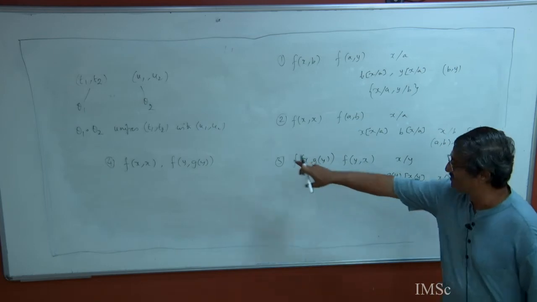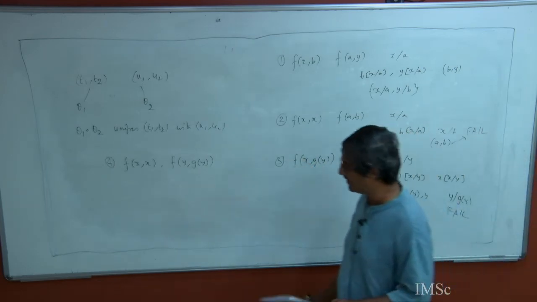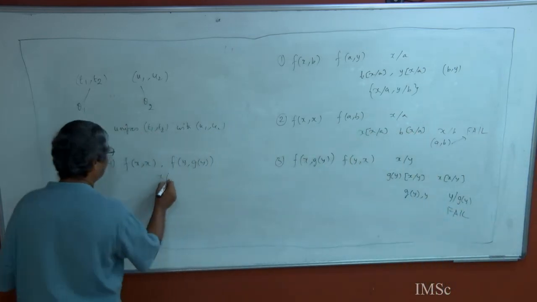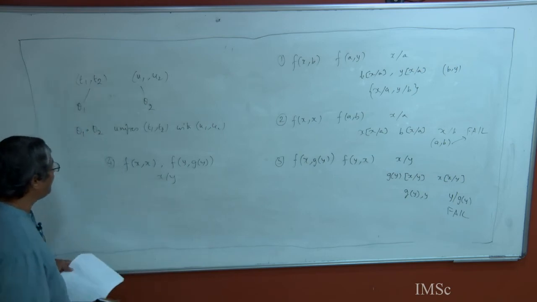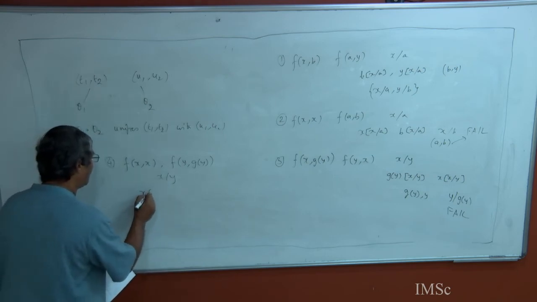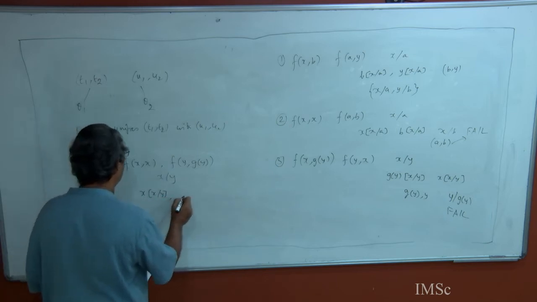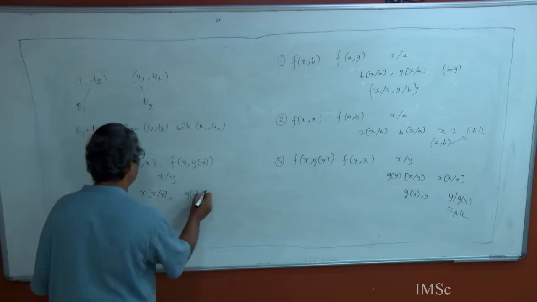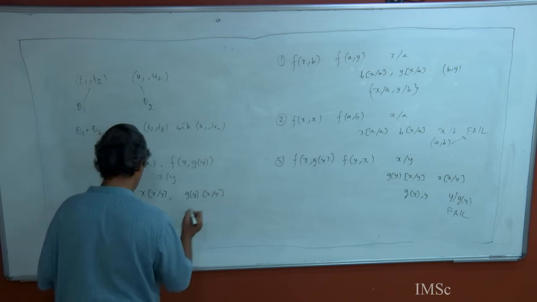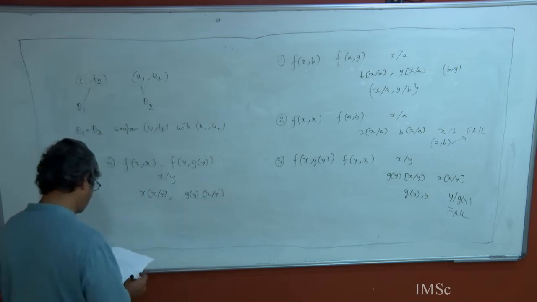This looks the same, but you see that now there is a difference. So first I substitute x by y, and I am now supposed to get x with x replaced by y and g of y with x replaced by y, and what do I get?